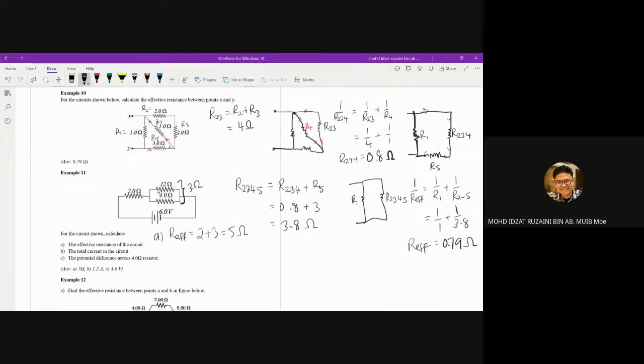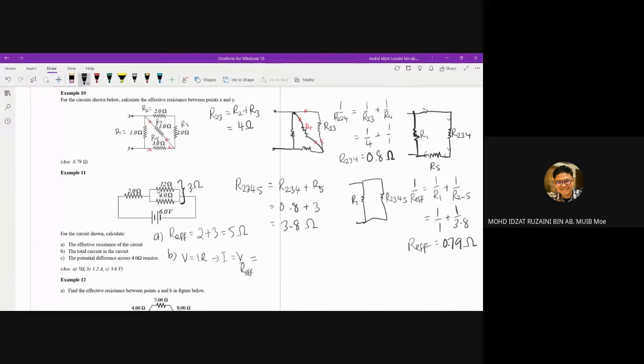Okay, question B: total current in the circuit. Okay, so for total current, you need R effective, you need total voltage. So our total voltage is 6 volt. Okay, so V is equal to IR. So I is equal to V over R. Okay, which R? R effective, because you want the total current in the circuit.